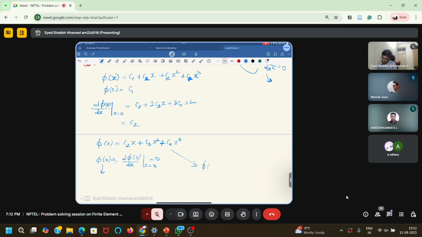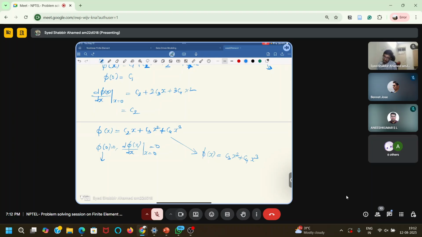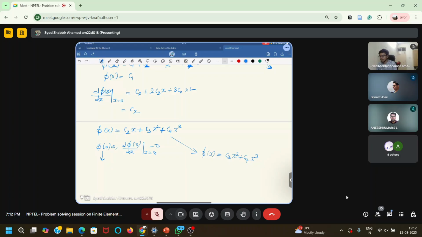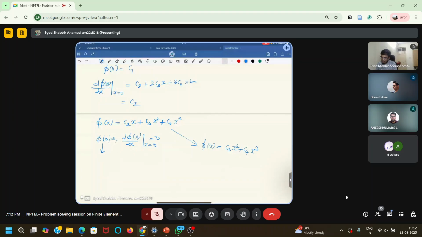So finally I'll take phi of x equal to C3 x square plus C4 x cube. Will this now satisfy both the essential boundary conditions? Yes or no? Yes. Because if you substitute 0 here, phi of 0 will become 0.